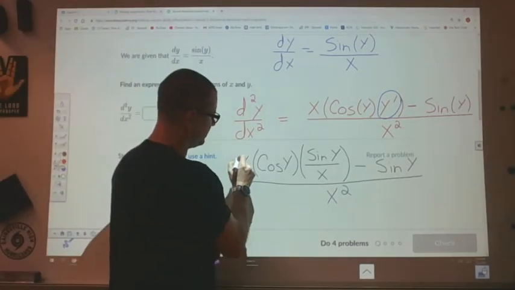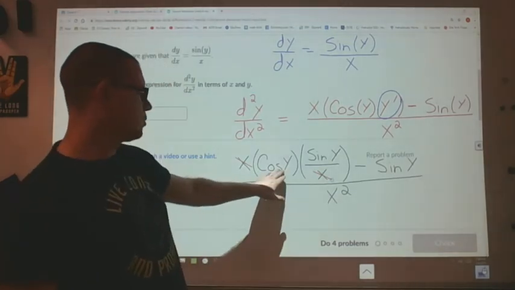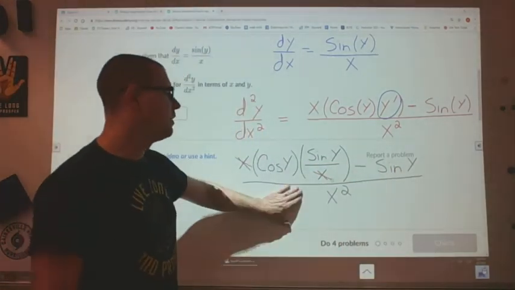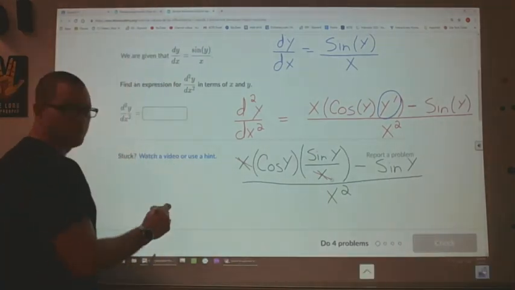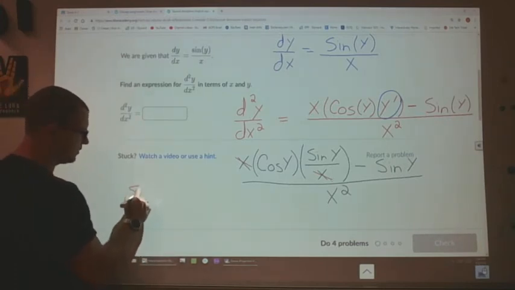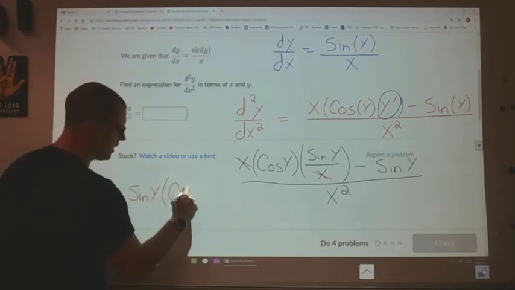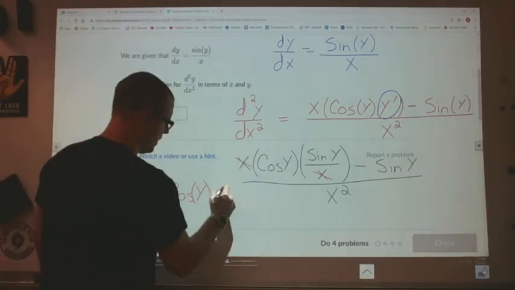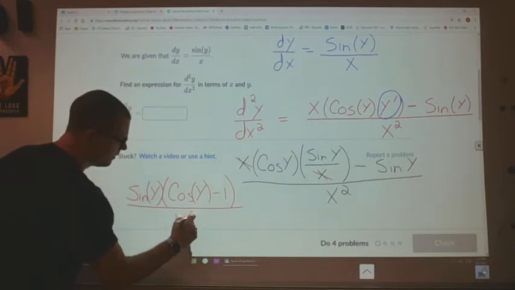Couple things here. This x will cancel that x. So now we would just have cosine y times sine y minus the sine of y over x squared. And I'm going to simplify that a little bit farther as well, factoring out our common factor of sine y times, now we would have cosine y minus 1, and all of that over x squared.